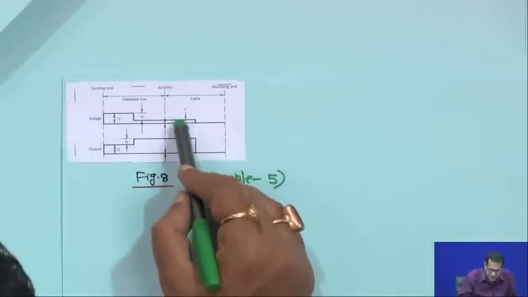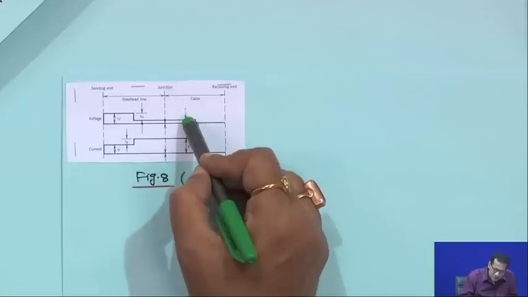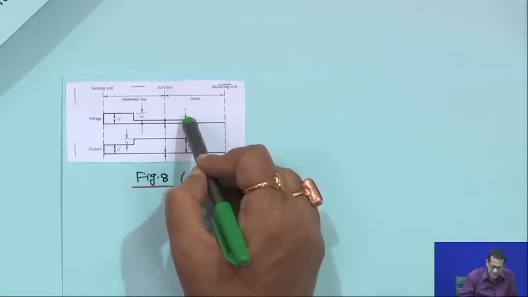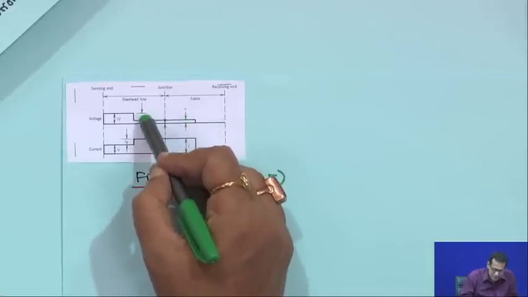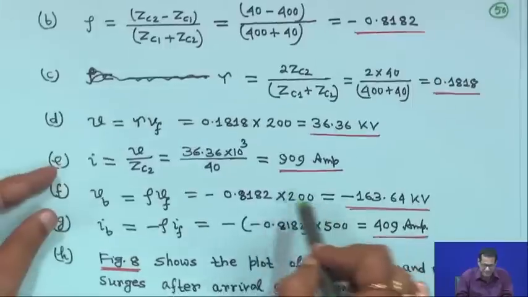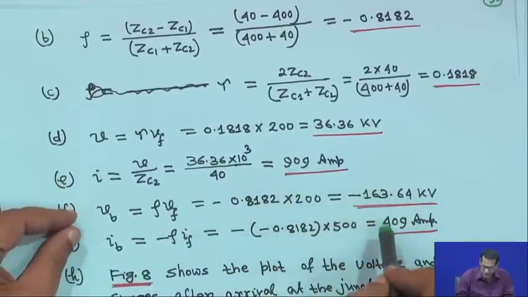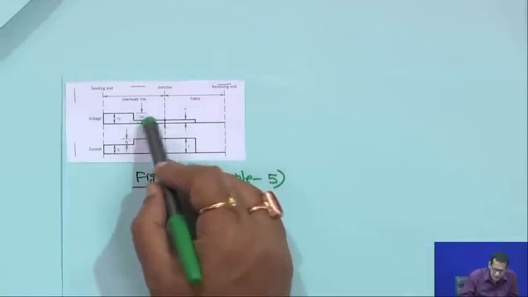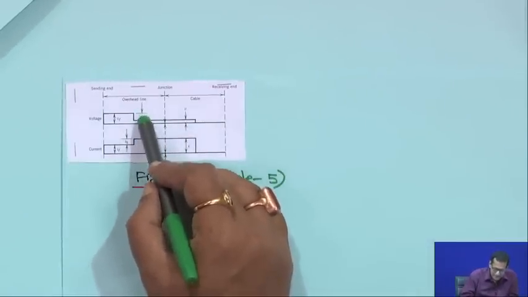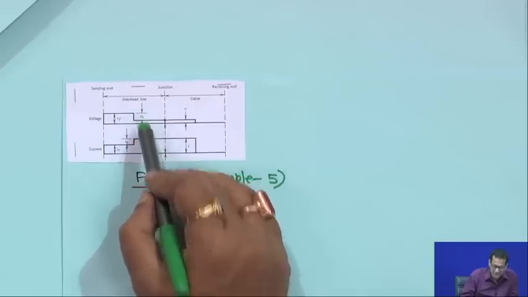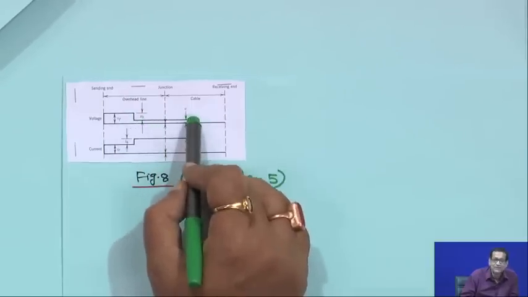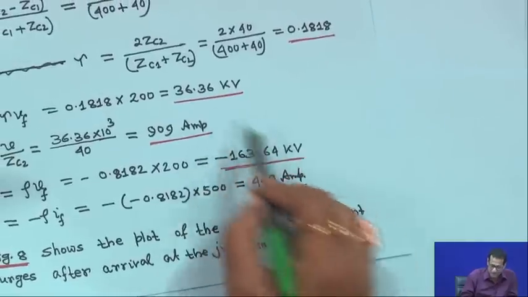So, this magnitude is actually 36.36 kV, and this VB is shown upward, but VB is negative, minus 163.64, and it is shown upward because it is actually subtracted. That is why it is shown like this, and this is the refracted one, 36.36 kV. Here it is not mentioned, but I am telling you.